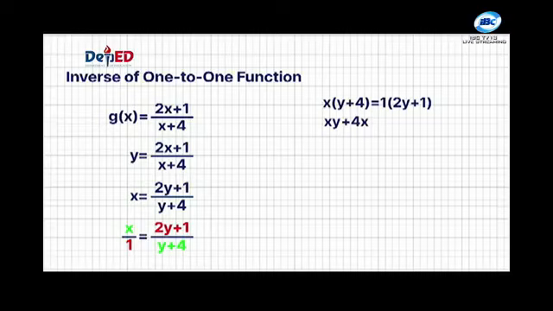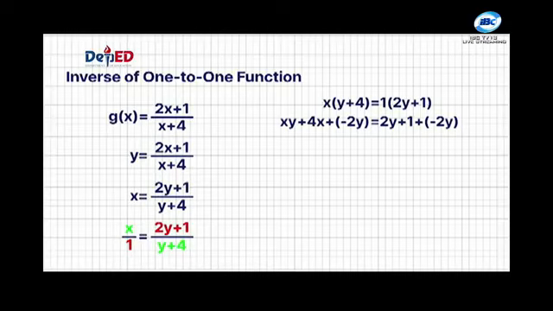It is equal to 2y plus 1. We now put all the terms with y coefficient on one side of the equation. By addition property of equality, we will have xy plus 4x plus negative 2y equals 2y plus 1 plus negative 2y.